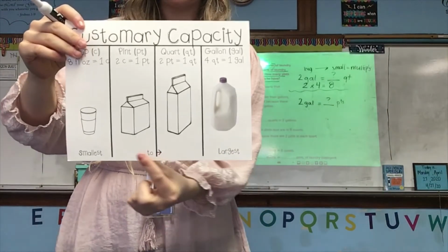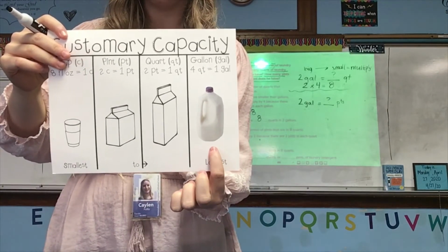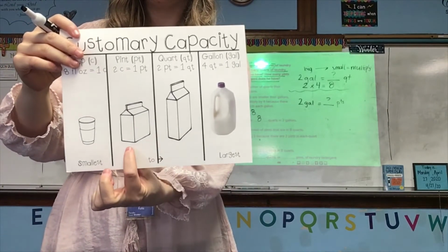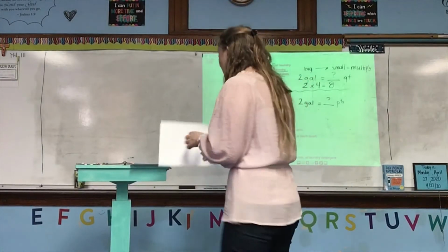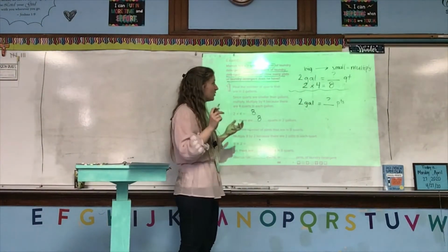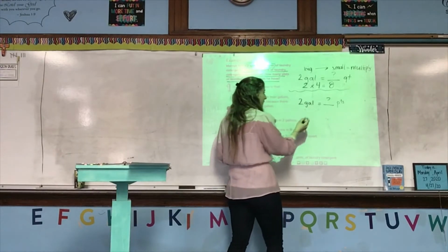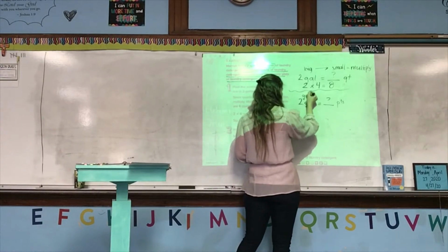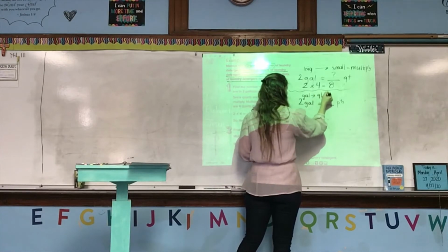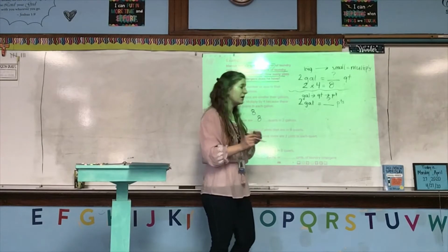We have gallons and we have pints, but in between we have quarts. So we have to go from gallons to quarts to pints. Luckily, because of the first part of this problem, we've already figured out how many quarts there are. So we don't have to do that step again.